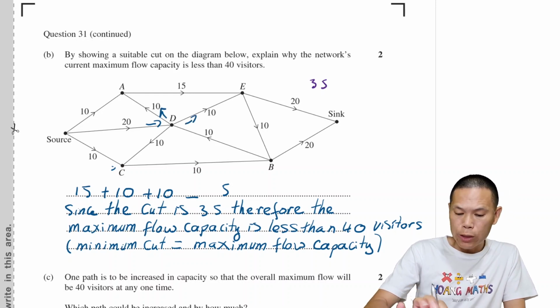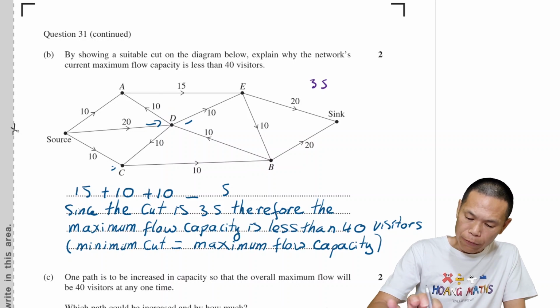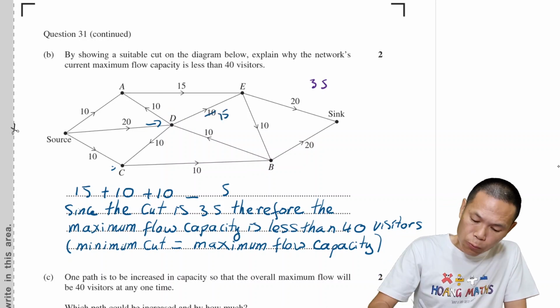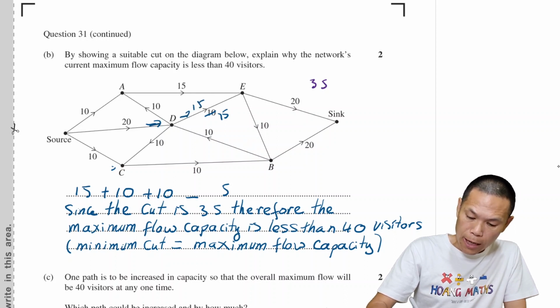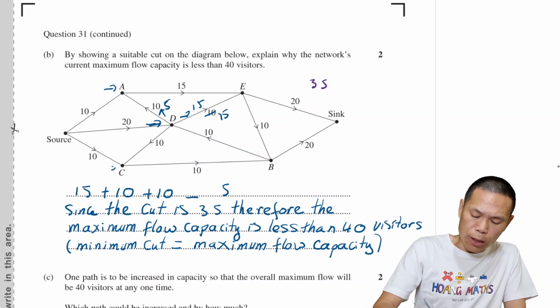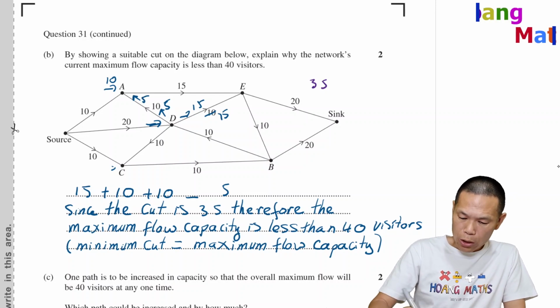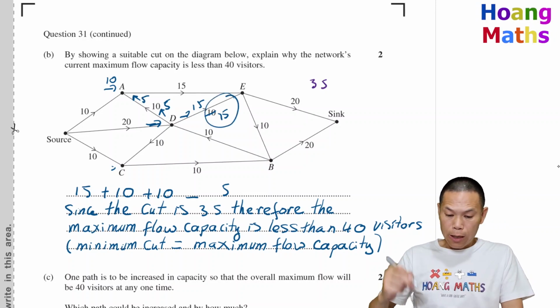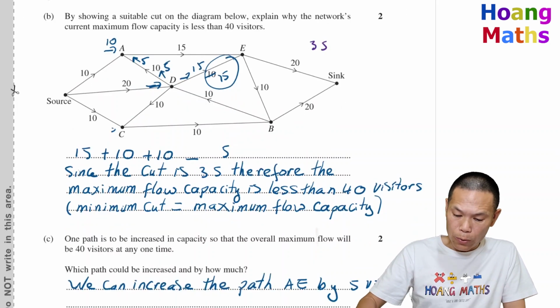Now we want to increase to 5, right? So that is 15. We can make it 15. If we have inflow, we can make 15 this way. Okay, 15 go here and 5 go here. And it still works. This still gives me 10 and this still gives me 5. So 15 as well. Therefore, we can increase D to E by 5 as well, if we wish.